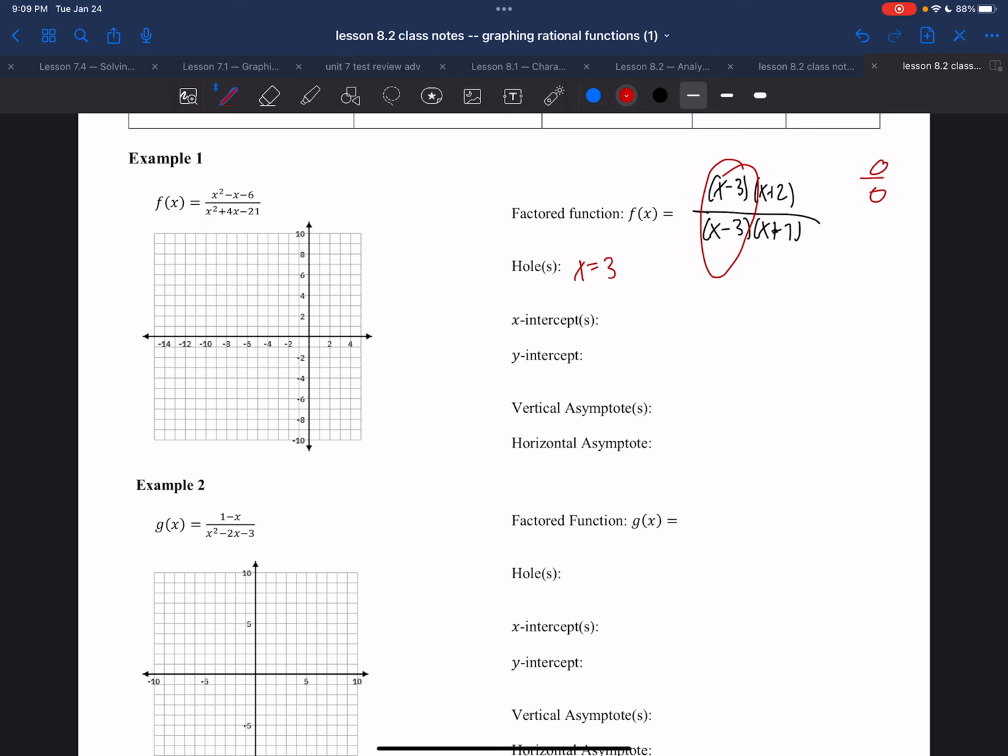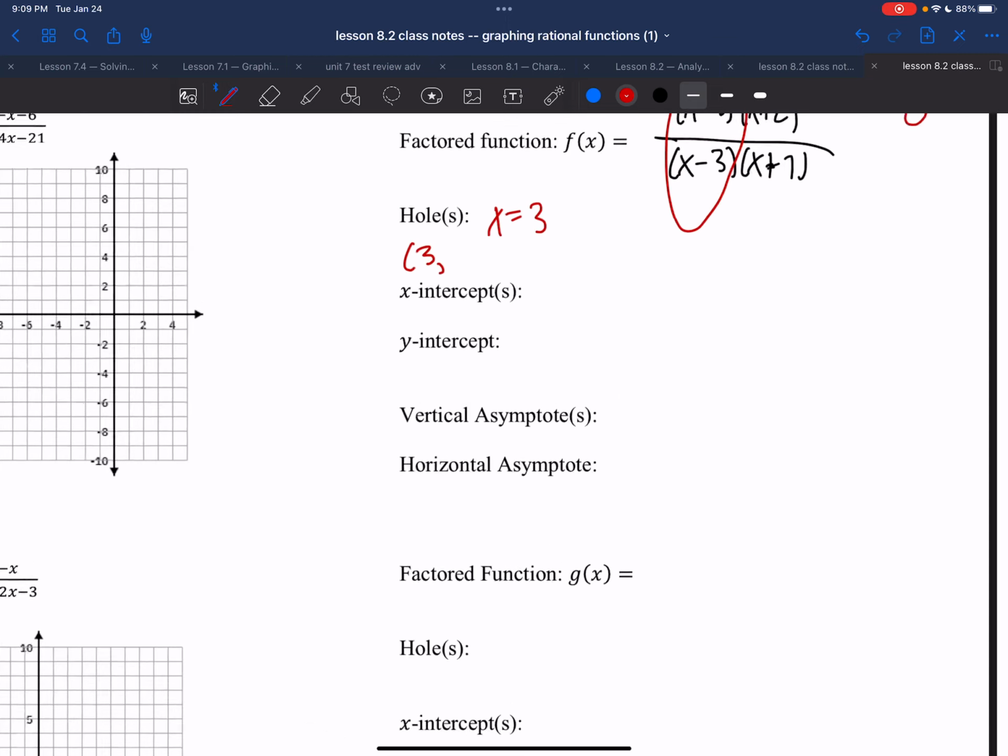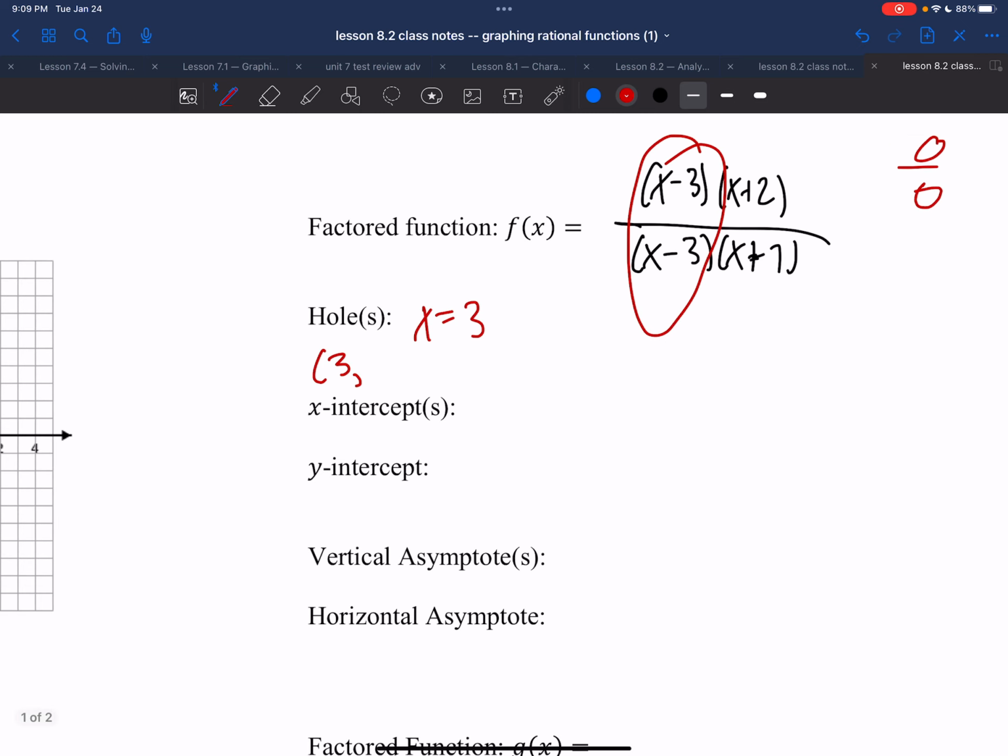But when we locate a hole, you want to make sure you find the x and y value. So yes, we know that it's 3 comma something. The question is, what is that something? Now to find a hole, just as a reminder, if you think of these factors canceling out, then the simplified function would be x plus 2 over x plus 7, right?